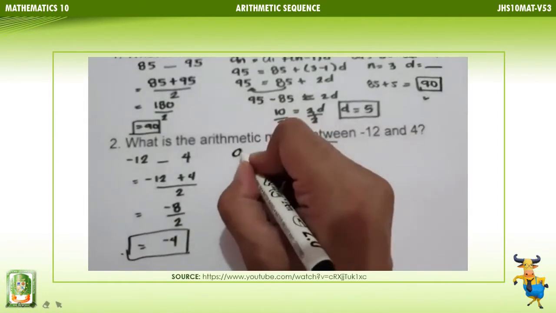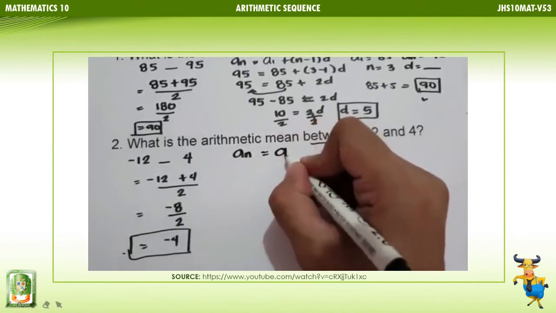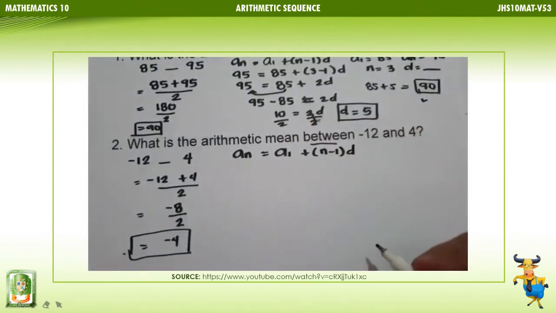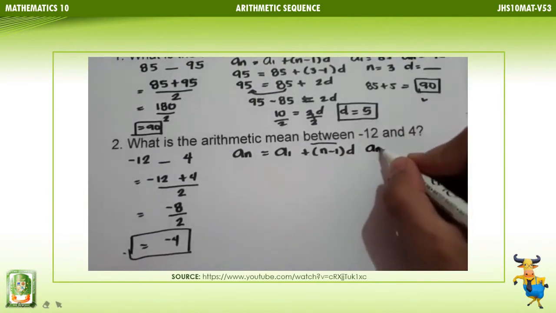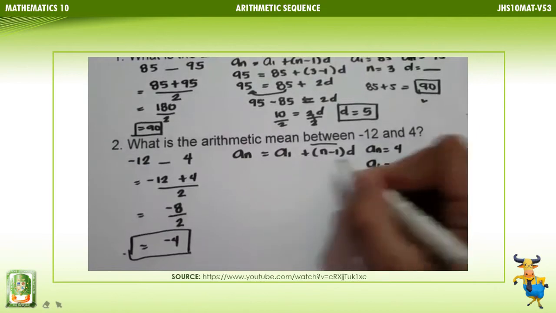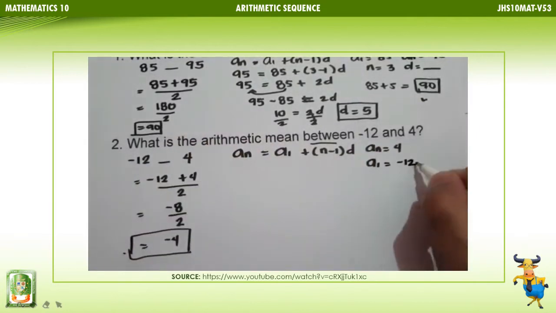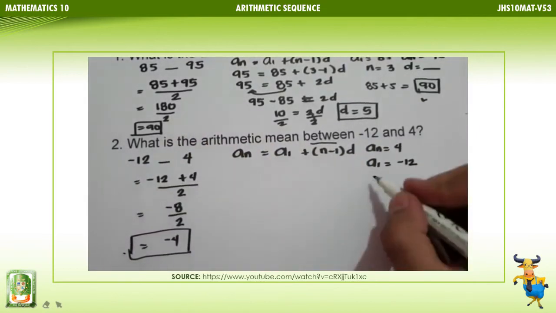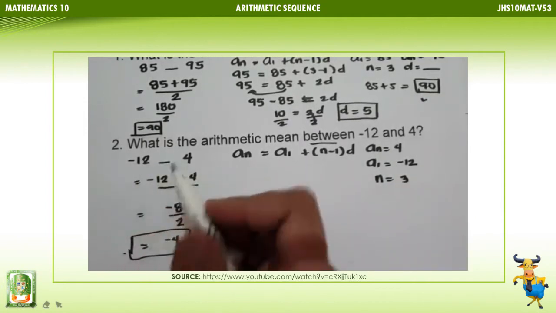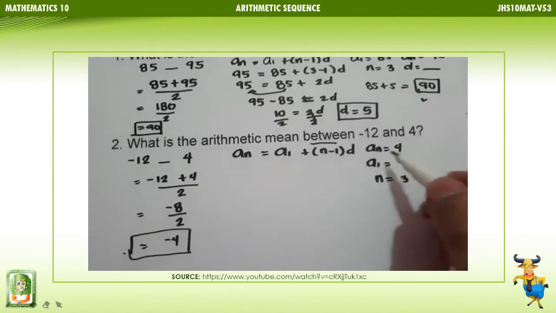We have a sub n equals a sub 1 plus n minus 1 times d. So a sub n will be the last term, which is 4. A sub 1 will be the first term, that is negative 12. And then n, that is 3, because we have 3 terms, 1, 2, 3. And then let us substitute this given to the formula.